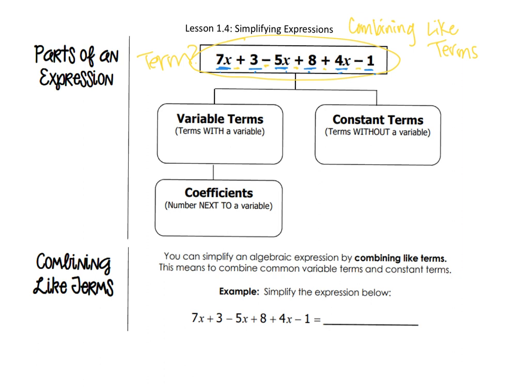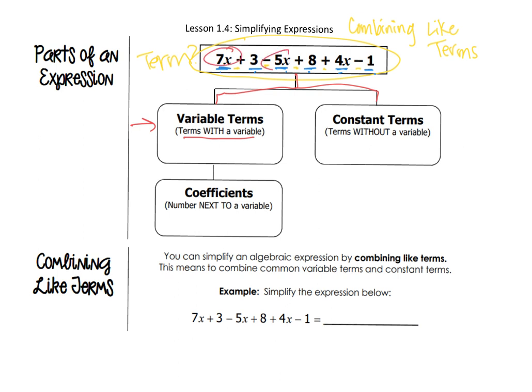Then we need to be able to classify or name what kind of terms we have. We have two major types of terms, which is what this branching off is showing. We have variable terms, which are terms that have a variable, a letter. Up above, I'll circle those in red. Our variable terms all have an x, and it could be any letter to be a variable term.